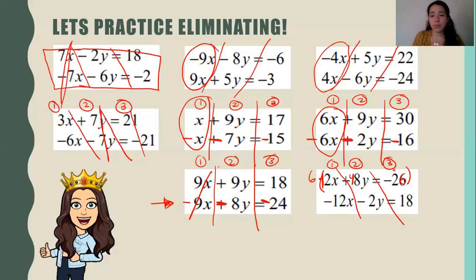Put the 3 at the top, 12, 13, 14, 15. That becomes -156. So looking at my new equation, now I have 12x plus 48y minus 156. Even if I multiply by whatever number, I have to do it to all of them. But which group can I cancel out now?